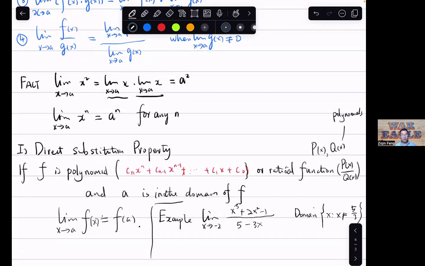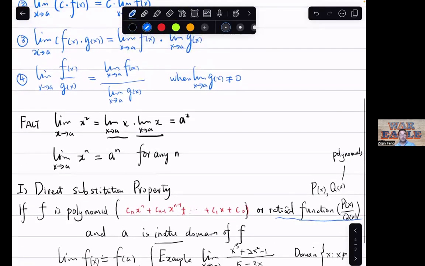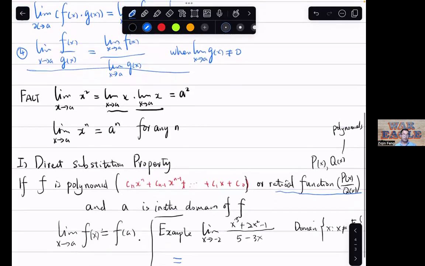Now, how do we do this? This is clearly a standard rational function, polynomial over polynomial. The numerator is a polynomial, and the denominator is also a polynomial. What you want to do here is apply our quotient formula, and plug in a eventually.